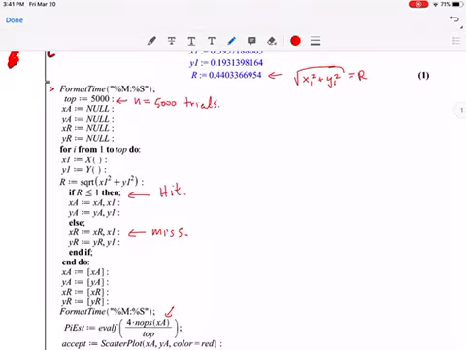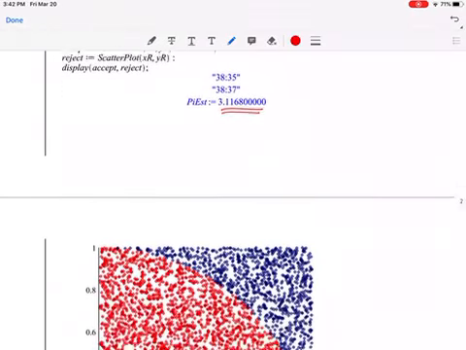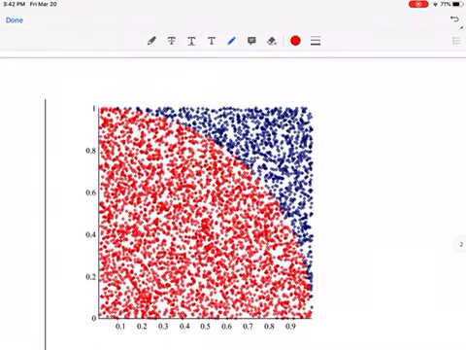What this code did is it kept track of hits and misses, and in this case the red were the hits and the blue ones were the misses. If you added up the number of red dots and the number of blue dots, that would be your 5,000 trials. Here the simulation was only done in a quarter of a circle, but that's fine. We don't have to do the full circle. We could just do the first quadrant and get the same results.